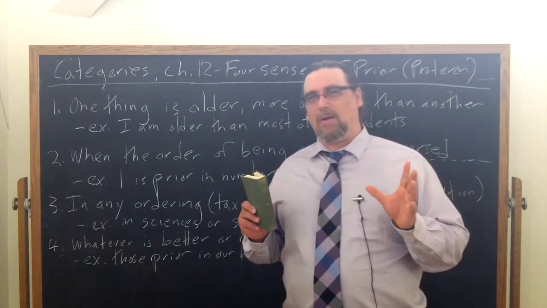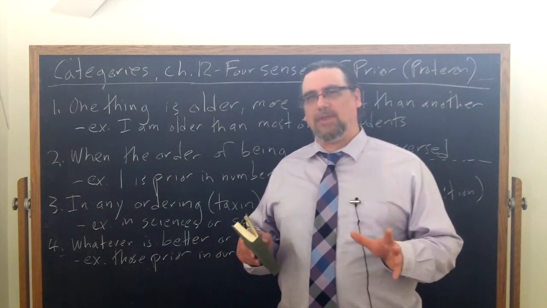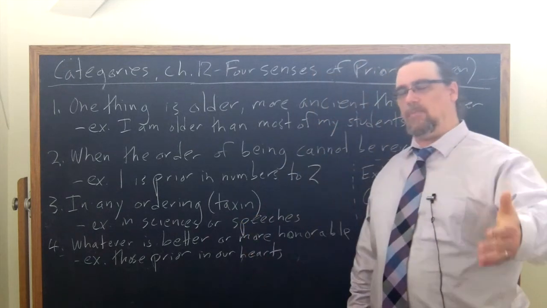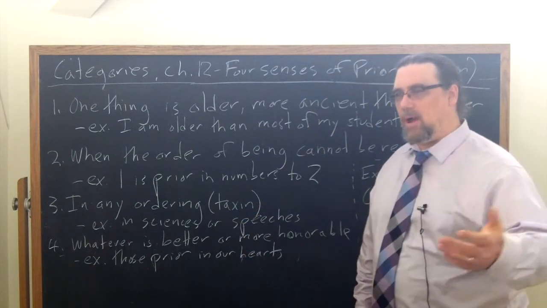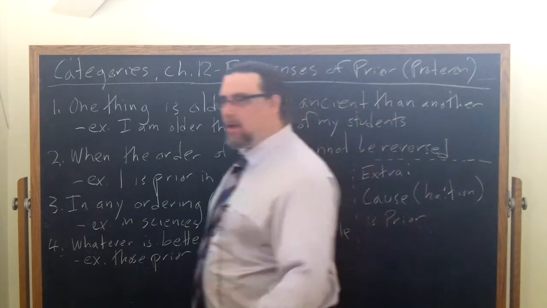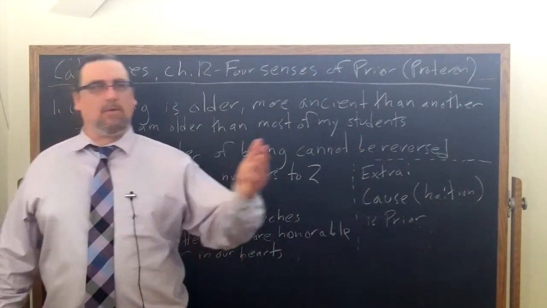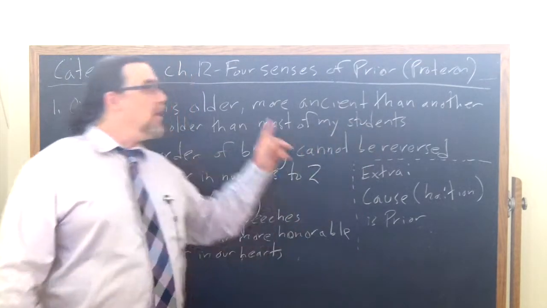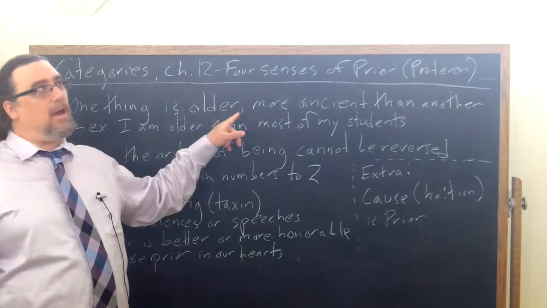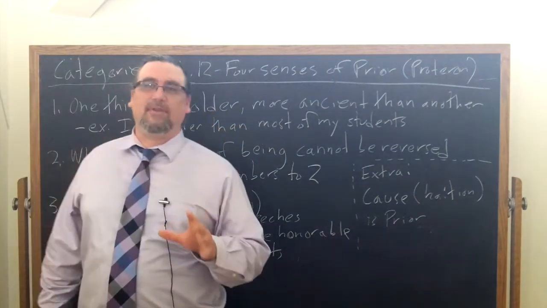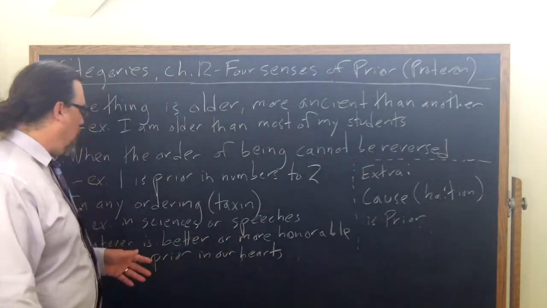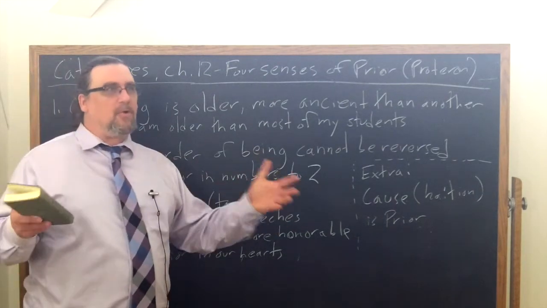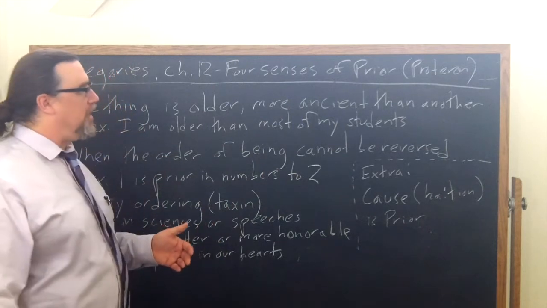When we talk about having affection or esteem or giving somebody honor, we are, in a certain sense, putting them first. We are making them prior. So if you honor your parents or grandparents or the founders of your club or university or whatever, you're making them prior. They could also come before you in time, but that is not necessarily the case. So sometimes priority means something like this. And Aristotle says we have those people first in our hearts, as an example.